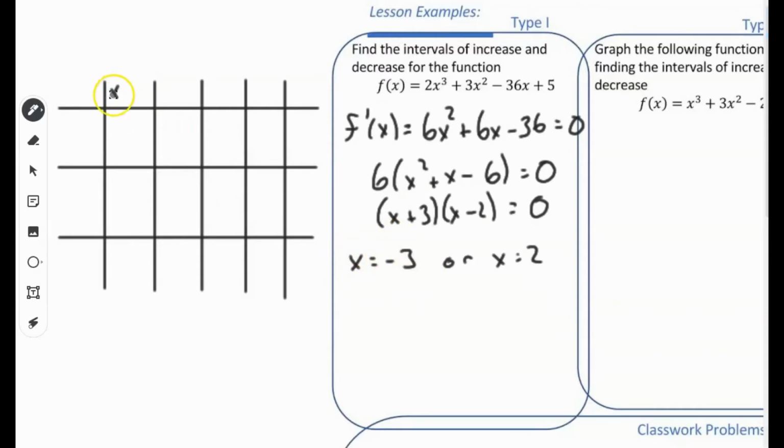So this one. X is less than negative 3. Then we'll look at when x is negative 3. And then we'll look at when x is between negative 3 and 2. And then we'll look at when it is 2, and lastly, when it's greater than 2. That'll be all parts of our function.